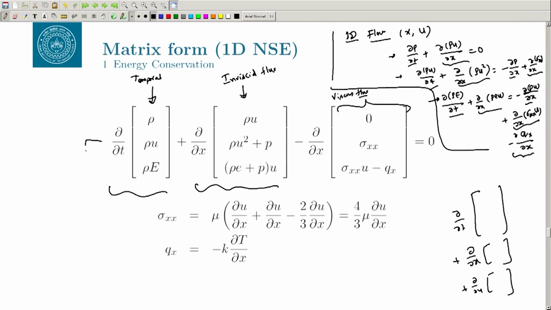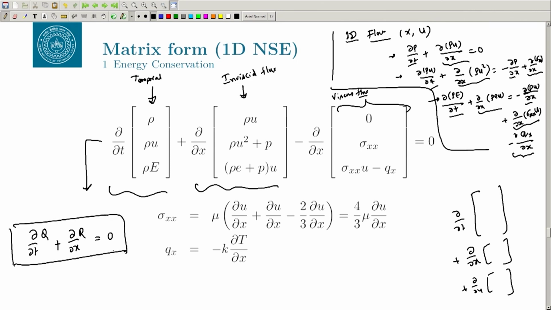You can write this entire thing as d by dt of q plus d by dx of, let us call it r, whatever it is, equal to 0, where q is equal to rho, rho u, rho E, and then r will have all the terms that we have here, the inviscid part and viscous part.